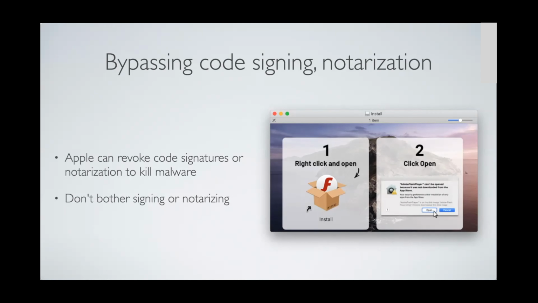Instead, they'll give you an installer that looks like this one here on the right, which gives you instructions on how to open the file, even though it's not signed. This is the trick I was talking about earlier to get something that's not signed to run. They'll tell you right there how to do it, and you open it and you're infected.